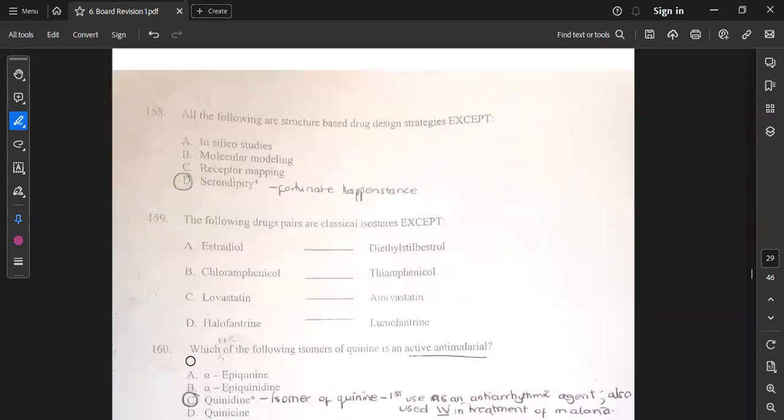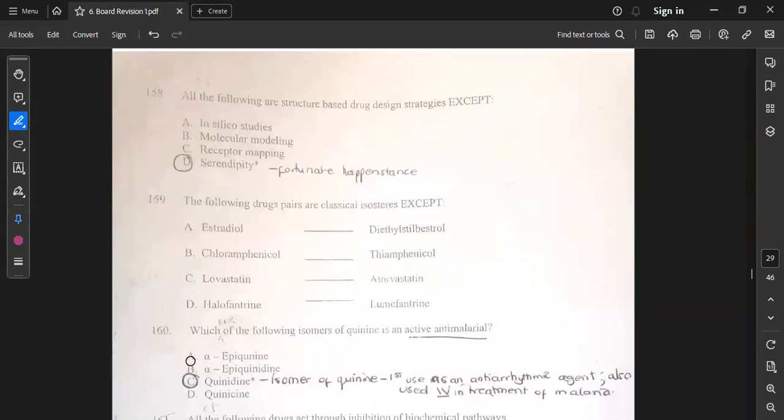Good. Which of the following isomers of quinine is an active antimalarial? What does an active antimalarial mean?